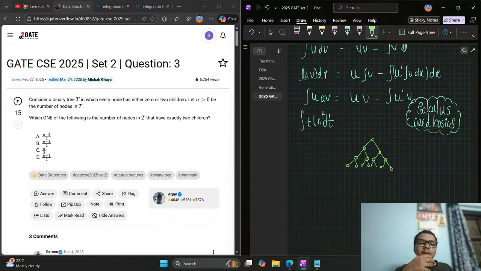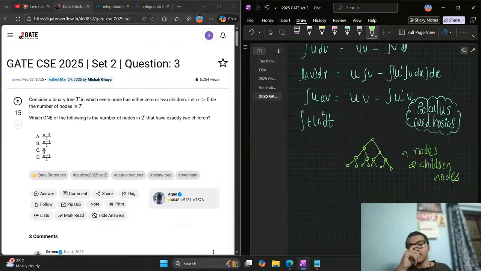Let n be the number of nodes. Which one of the following is the number of nodes that exactly have 2 children? So, 2 children nodes, we need a derivation from this. Alright.